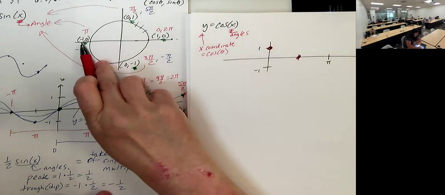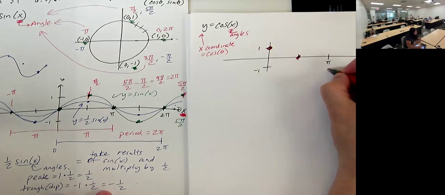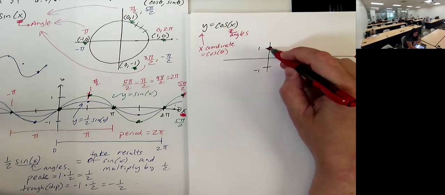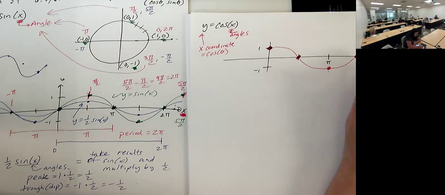When we go to pi, we're looking at our x value, it's down to -1. We get to 3 pi over 2, we're back up to 0. And at 2 pi, we're back up to 1. This starts repeating.